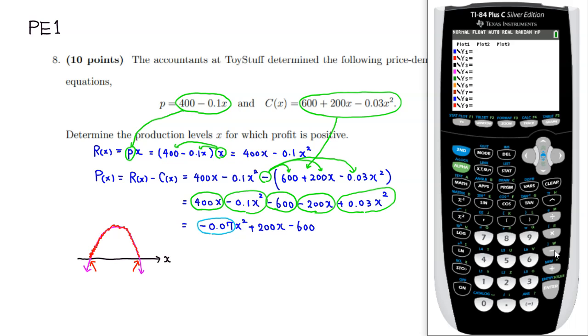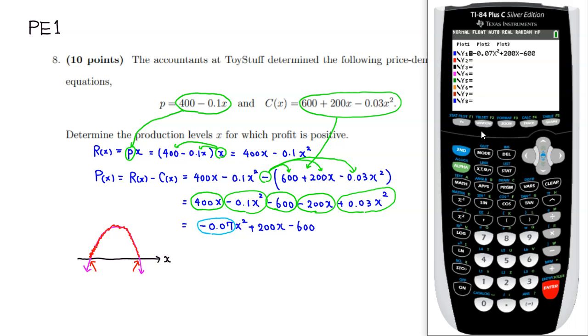It's negative 0.07x squared plus 200x minus 600. Then hit enter. Now the calculator knows this profit function.